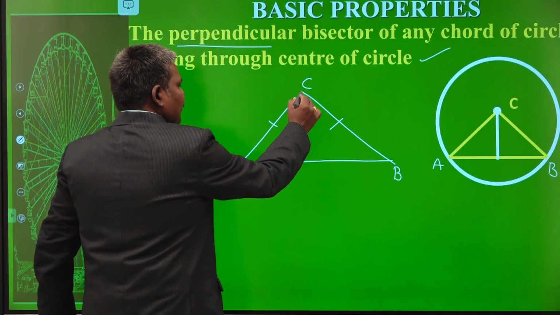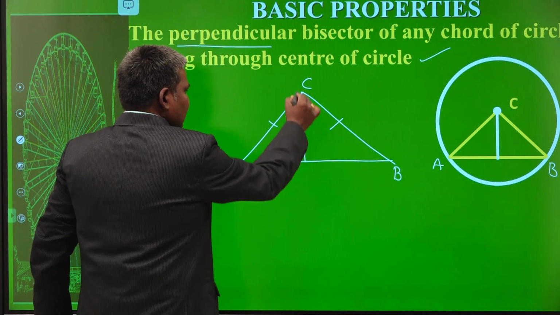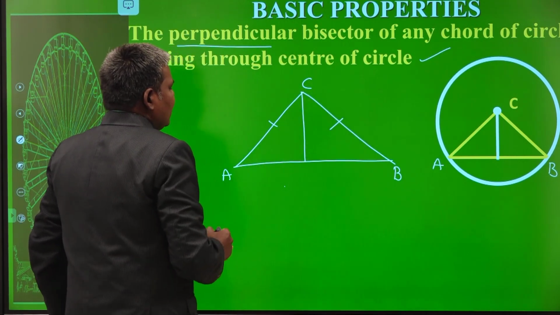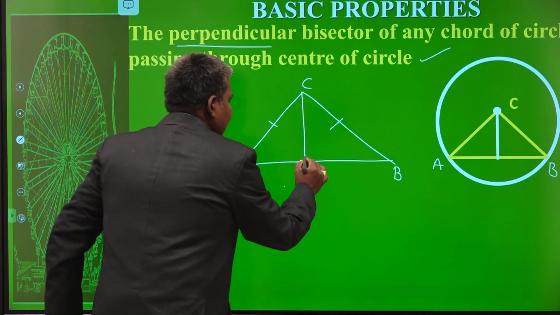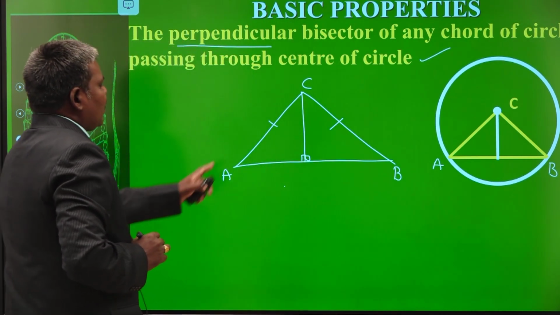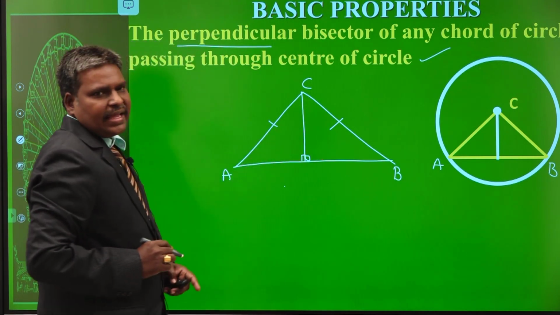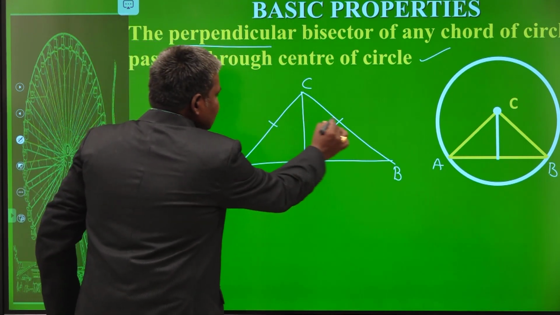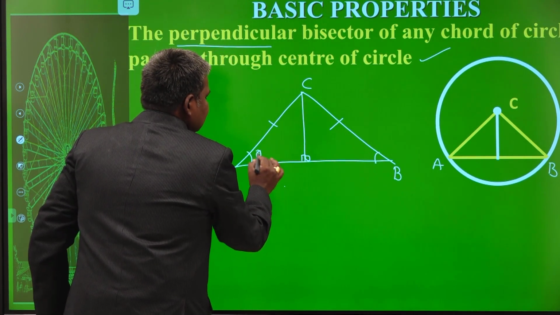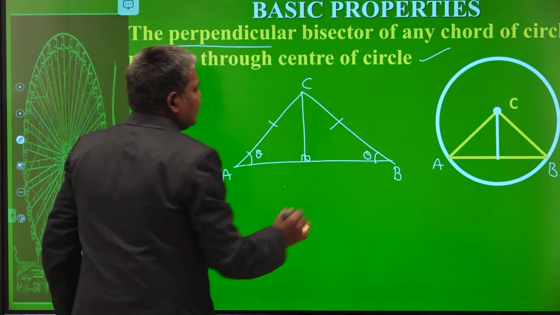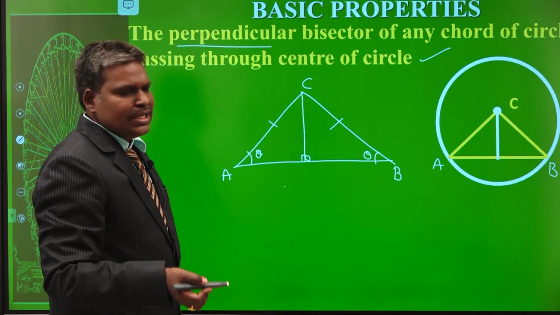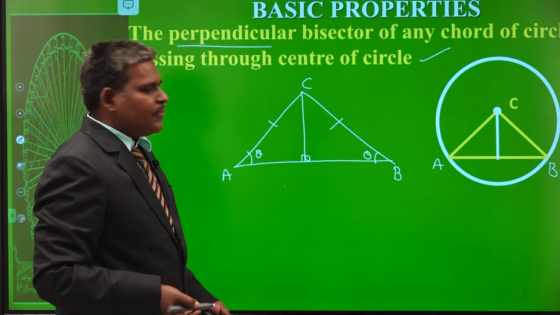If you draw the perpendicular from C to the third side, this is 90 degrees. Am I correct or not? Now I am saying these two are congruent triangles, because these two sides are equal, and their corresponding angles are equal. If it is theta, automatically this is also theta by the sine rule: a by sine A equal to b by sine B equal to c by sine C equal to 2R. Well known formula from your first year.